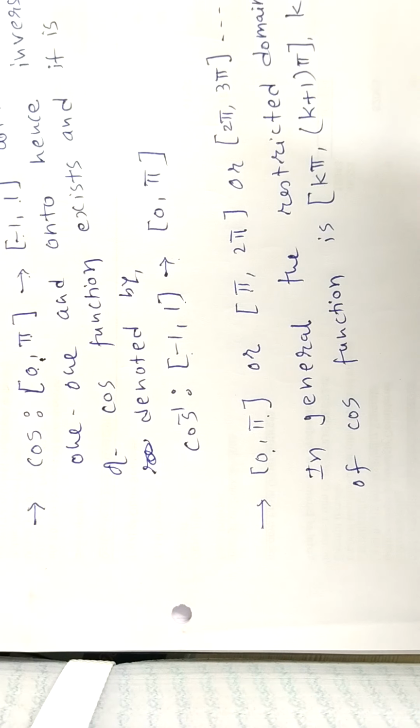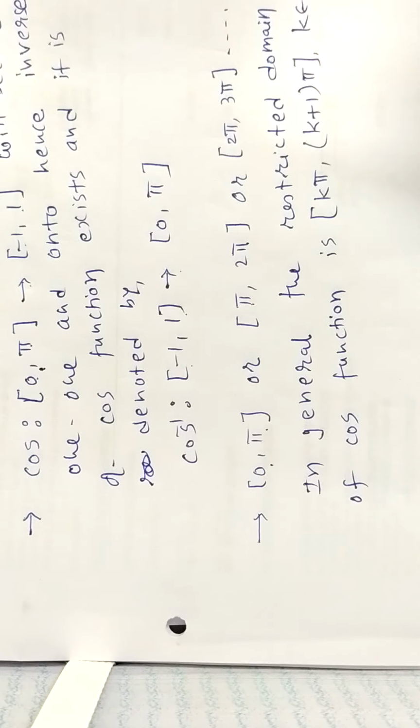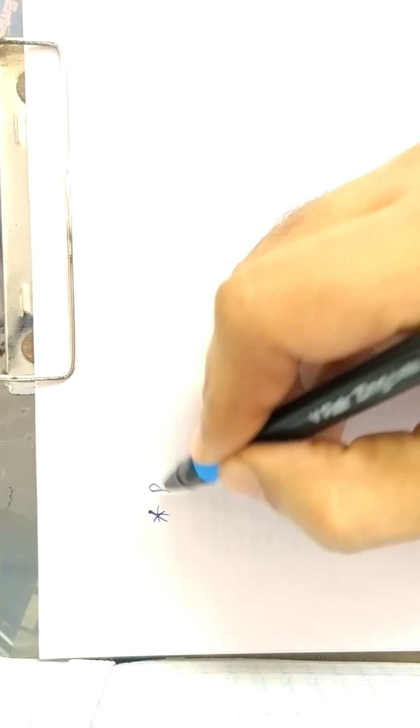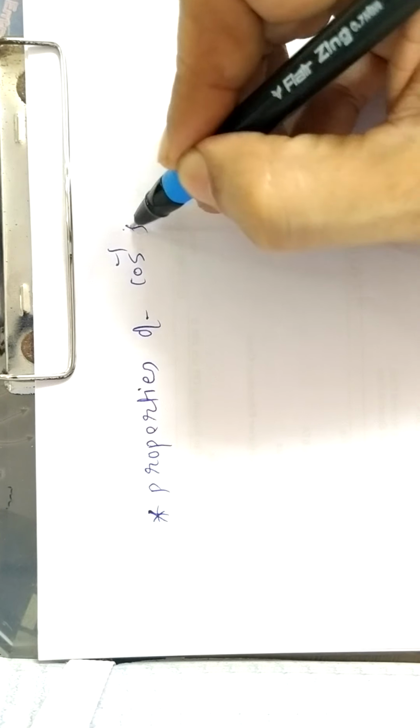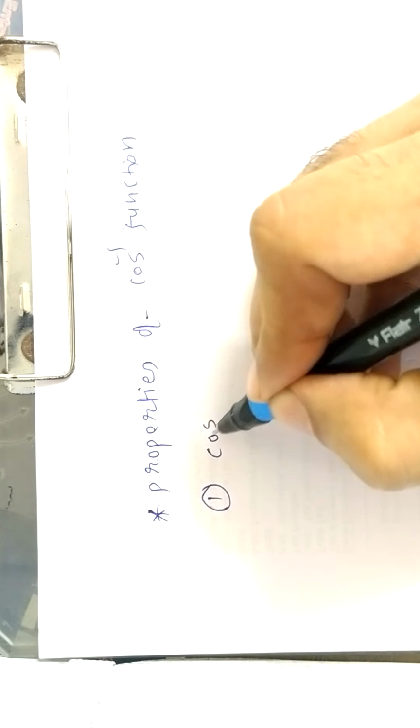Now see the properties of cos function. Some properties of cos inverse. For example, cos inverse cos theta is equal to theta.